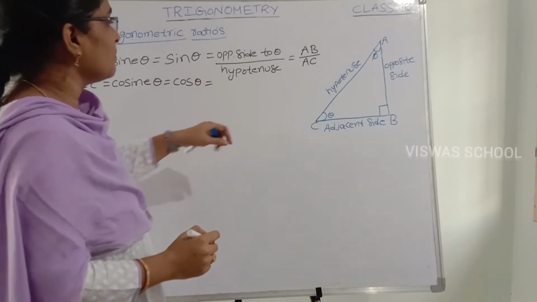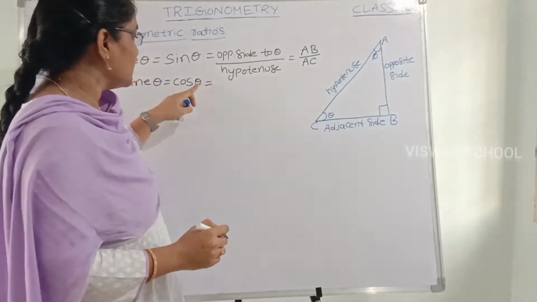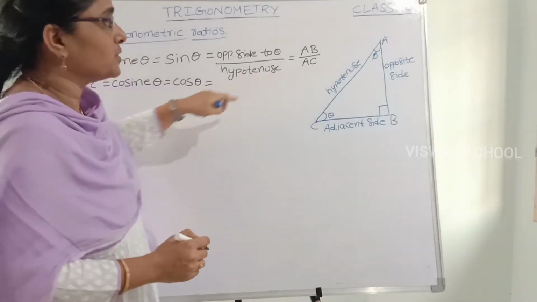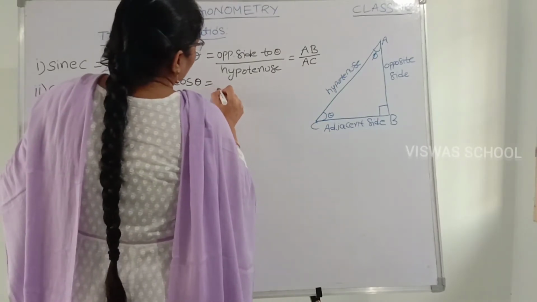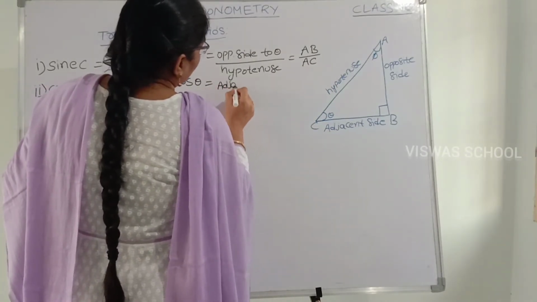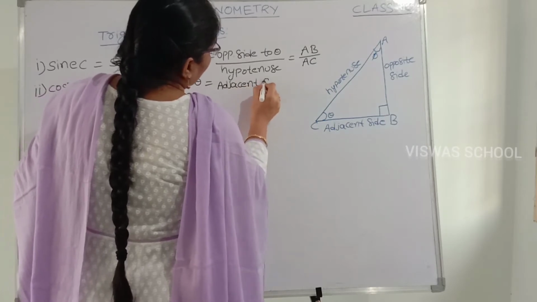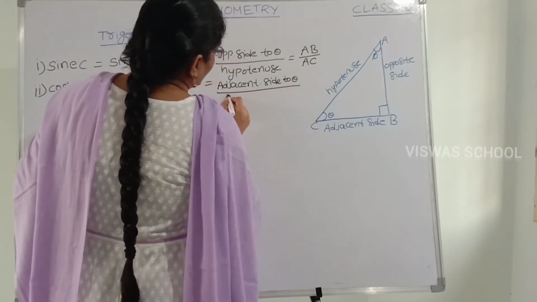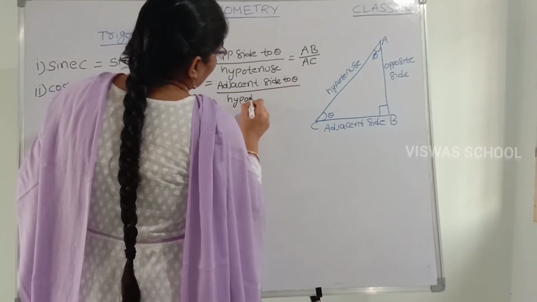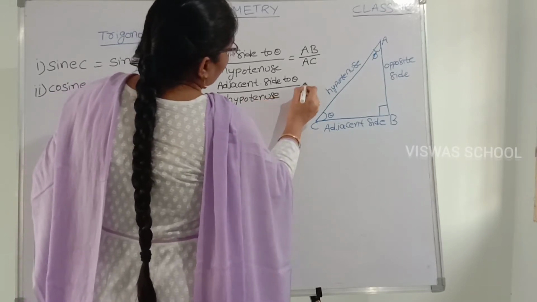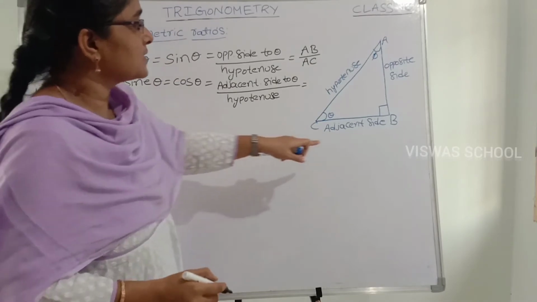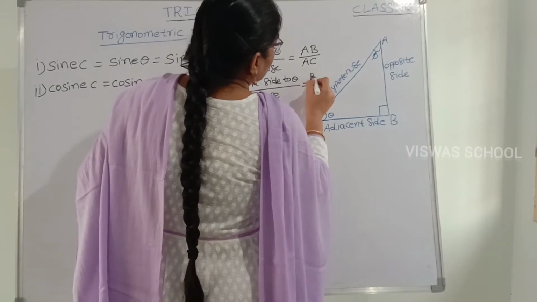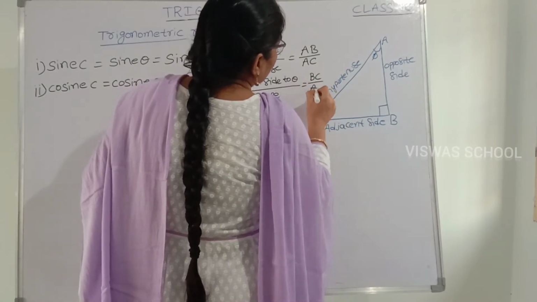Cos theta means adjacent side to theta by hypotenuse. That is, adjacent side to theta is BC, by AC. So cos theta is BC by AC.